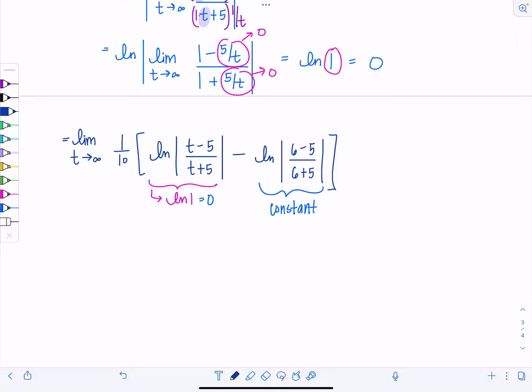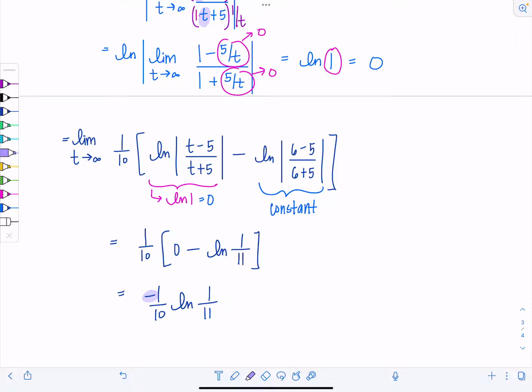I don't have to write lim as t goes to infinity because I've taken the limit. So we just have 1/10 times 0 minus ln. I'm going to have 1 over 11 left over. Yes? Cool. So this is negative 1/10 ln of 1 over 11. And then hopefully you remember some properties of logarithms.